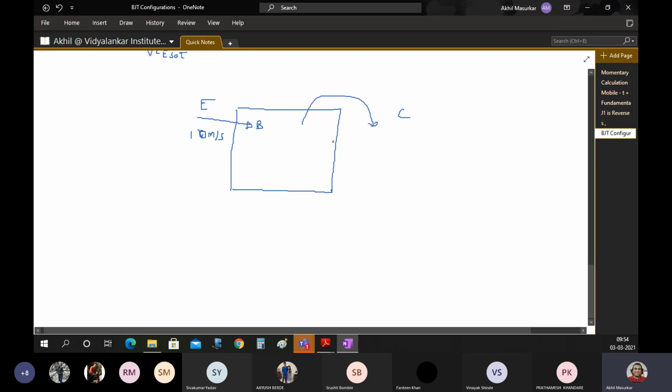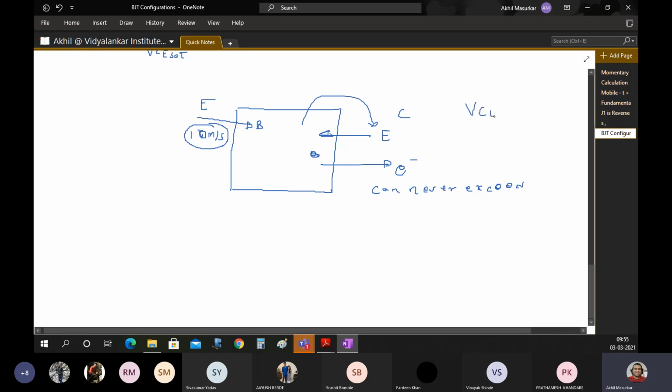So what I mean to say is that how much ever force you apply, how much ever electric field you apply in this direction, the rate at which electrons will come into the collector from the base can never exceed this value.